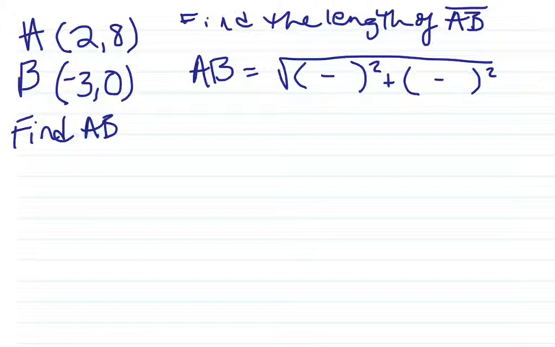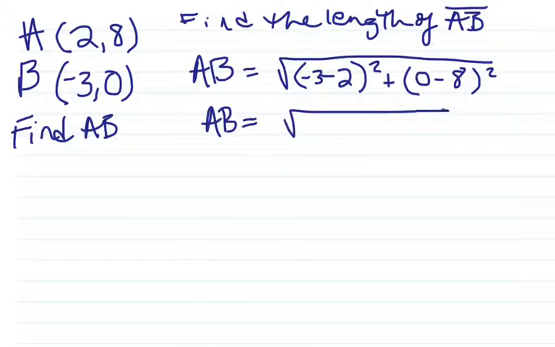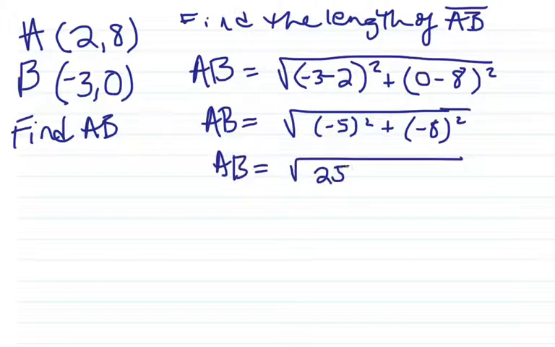And step by step, the 2 x terms, the 2 y terms, do the math, and I get square root of 89.